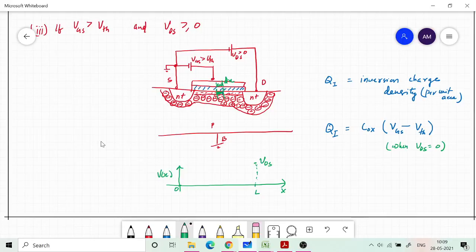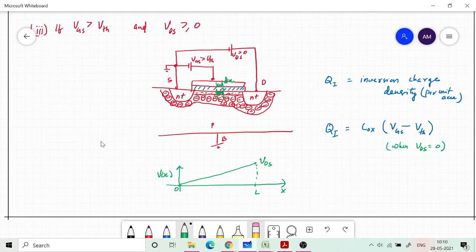And since I already told you, after you create the channel, if you apply a VDS which is greater than 0, that VDS will be dropped across the channel because it is like a resistance. So if you have a resistance across which you apply a potential, the potential along the length of the resistance is going to increase linearly, like you are familiar with a rheostat, for example.